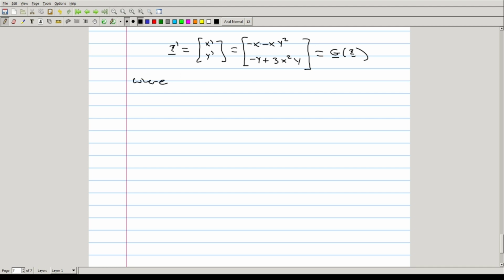If you go through and solve for the critical points or the equilibrium points of this function, I will note that xi star equal to the point 0, 0 is the only equilibrium point.